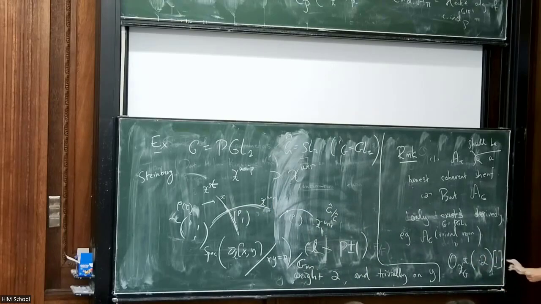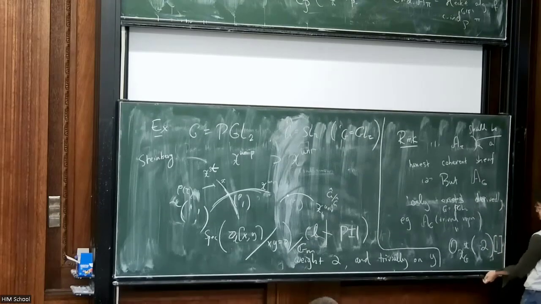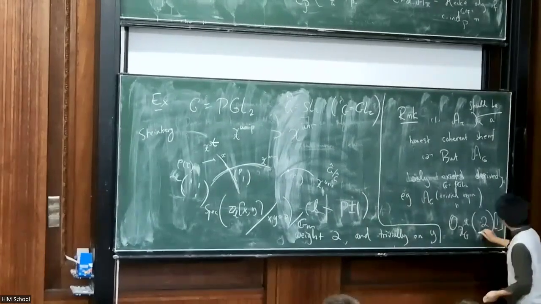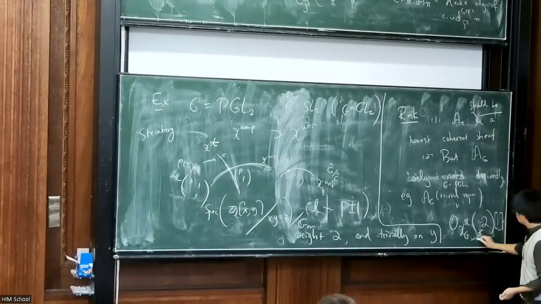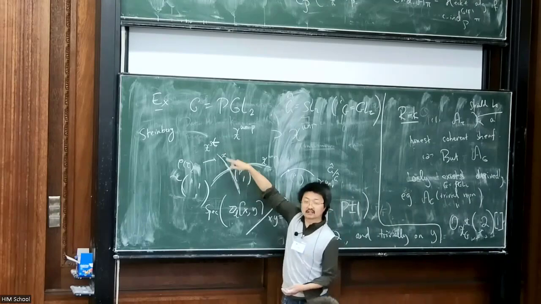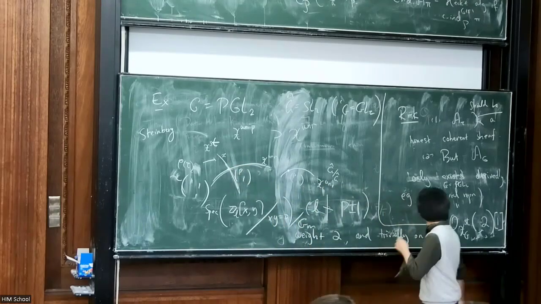Maybe it is better to normalize in this way. Here, this parenthesis twist means weight -1, and this is weight -2. The structure sheaf has natural weights, and you further twist by -2.